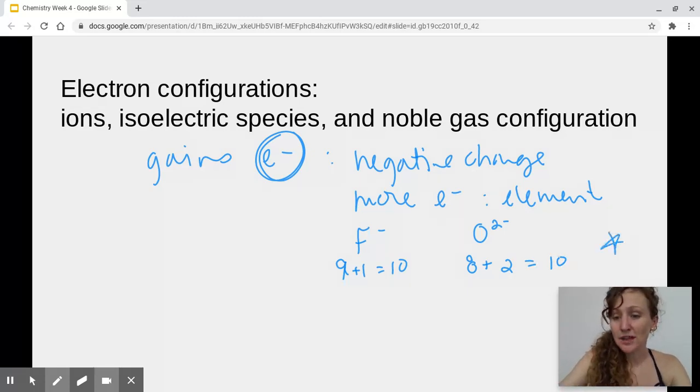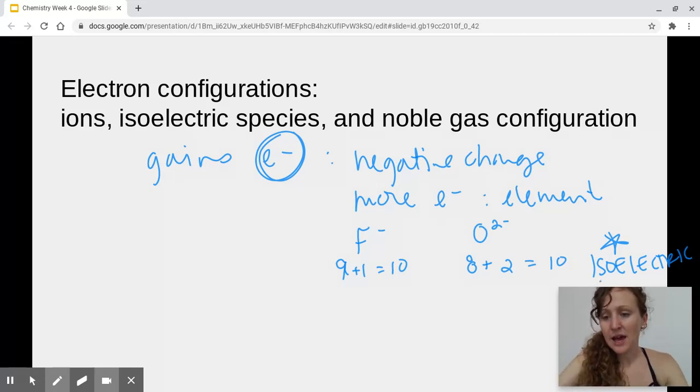These two are called isoelectric species. Iso, you may know from terms like isosceles triangle, or isotonic. An isotonic solution has the same concentration as the thing it's being compared to.